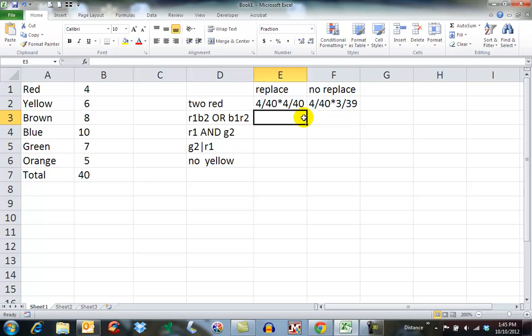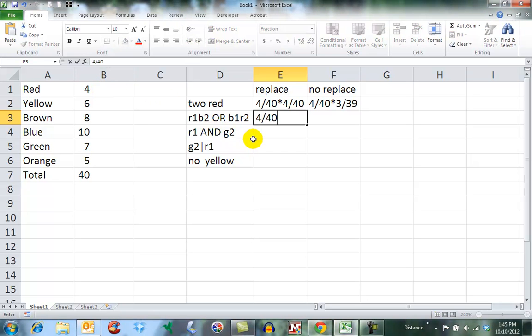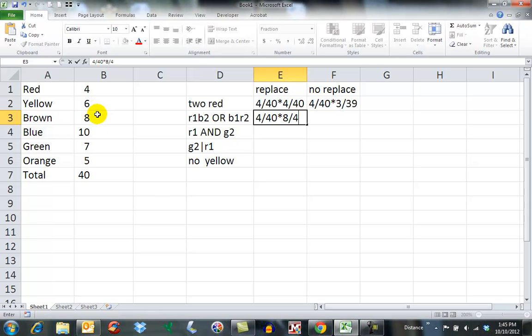Okay. For red 1 or brown 2, a red one and then a brown one, or a brown one and then a red one, well, we have first a red one, which is 4 out of 40, times a brown one, which is going to be 8 out of 40. So that's the first part.